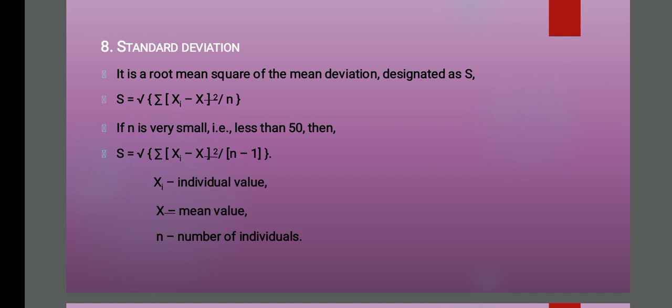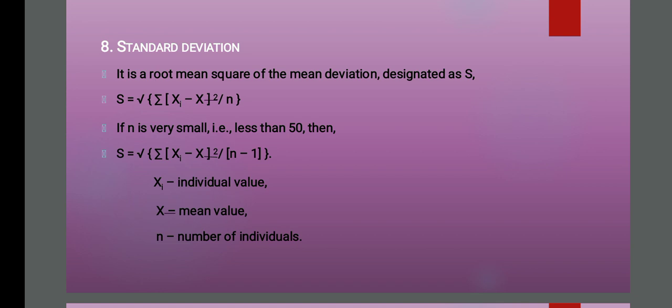Coming to standard deviation, if the number of values is found to be less than 50, or around 50, that is very small, we take into account the degree of freedom, which is given by n minus 1. Number of terms minus 1 is called the degree of freedom.